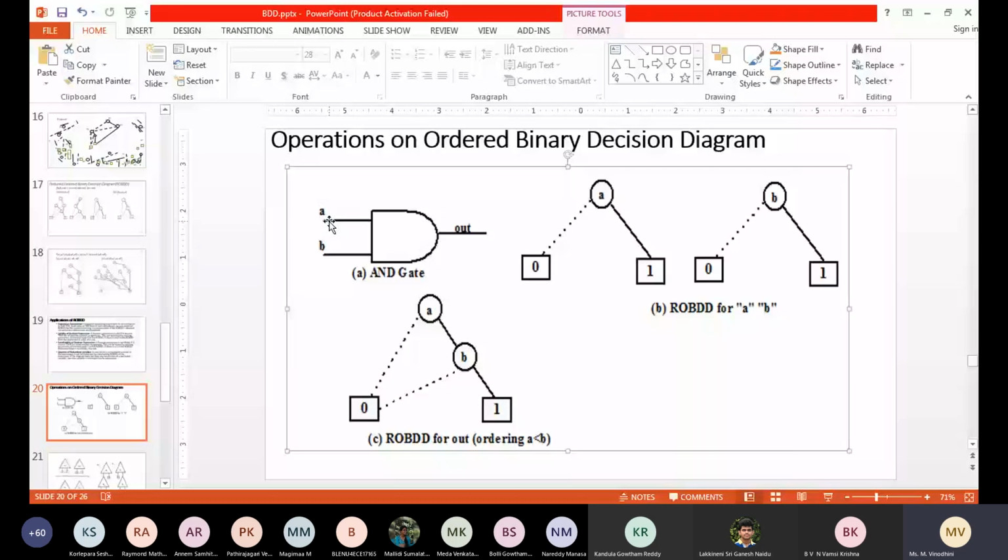When A is 1, the data entering through the first signal line is 1. Next, coming to B, when B is 0, the data entering through the B signal line is 0. When B is 1, the data entering through the B signal line is 1. So this is how we draw the binary decision diagram for any input variable, and this diagram will be the same in any case.